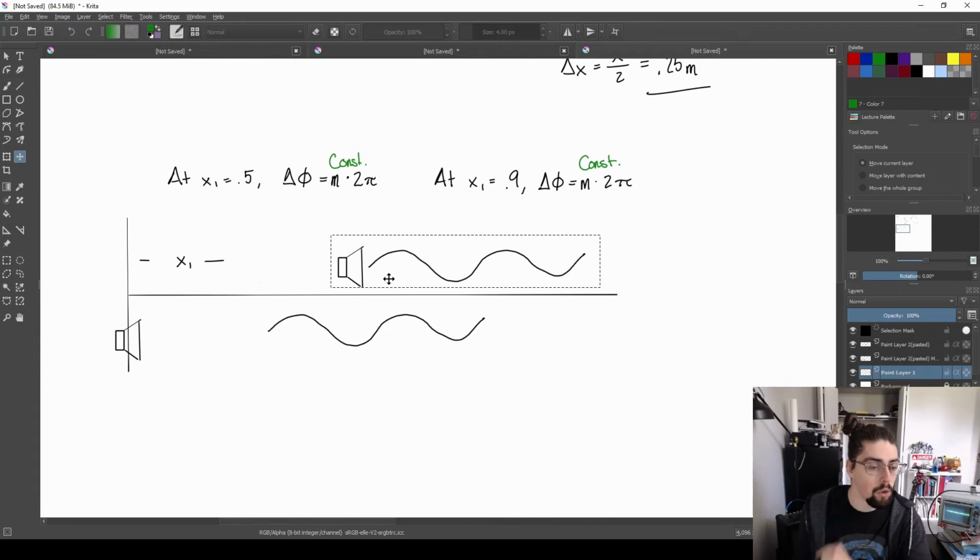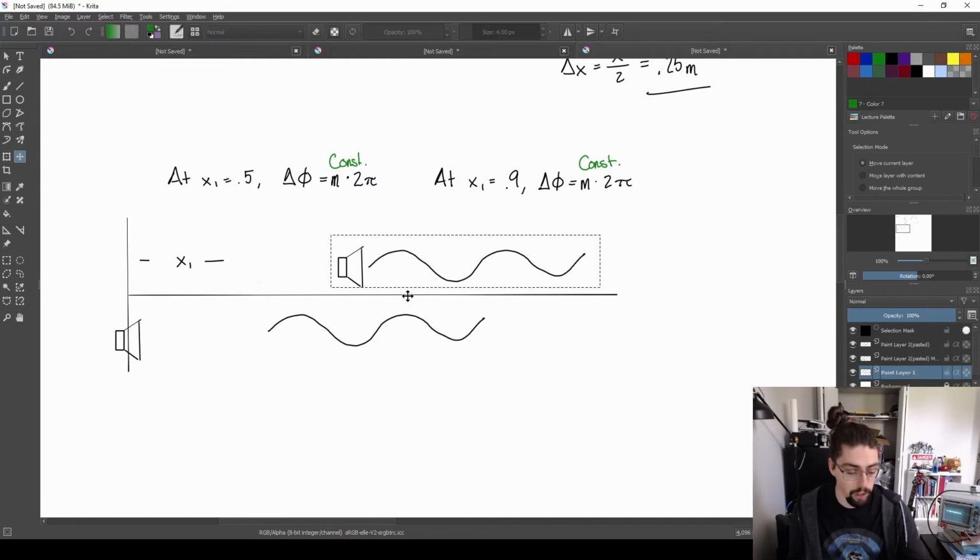How far did we move? Distance-wise and wave-wise, how far did we move? We moved one wavelength. That's exactly it.